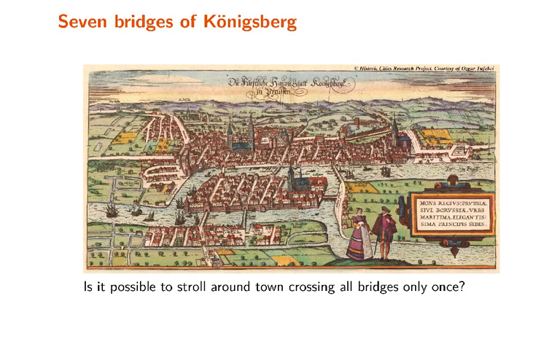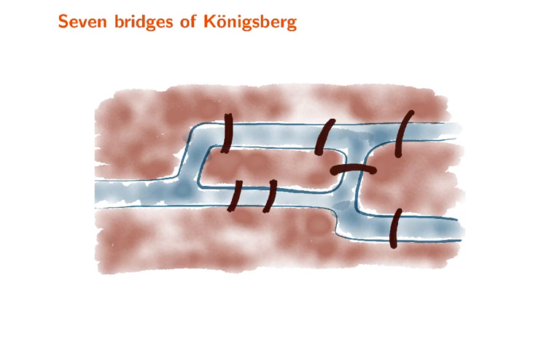So let's try to understand the actual problem. I made this other drawing of just the river and the parts of land with the bridges that connect the different parts of land. Euler found a way to model this situation with a graph, by considering each of the parts of land that we see here as nodes in a graph.